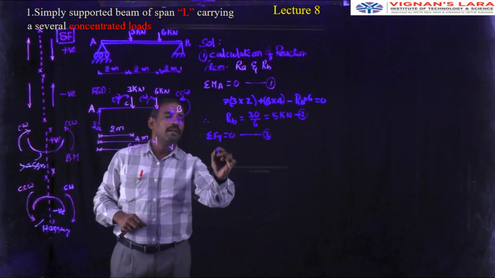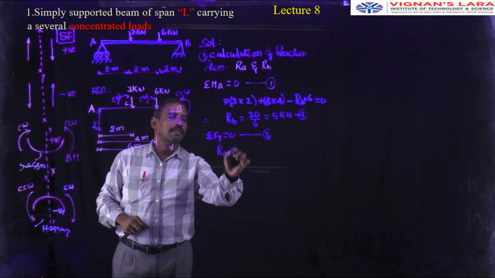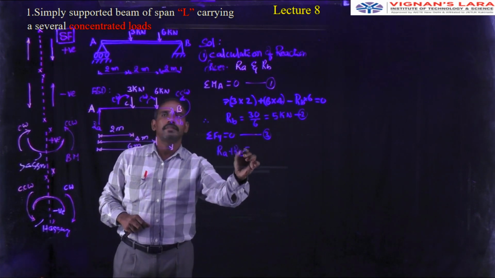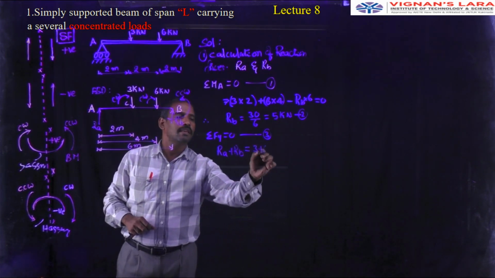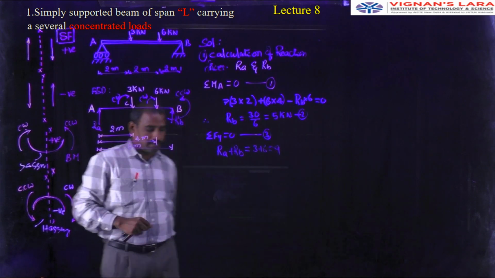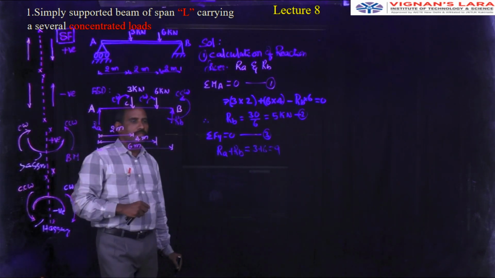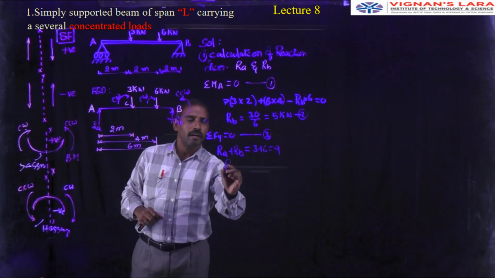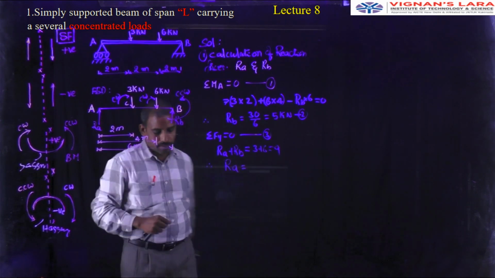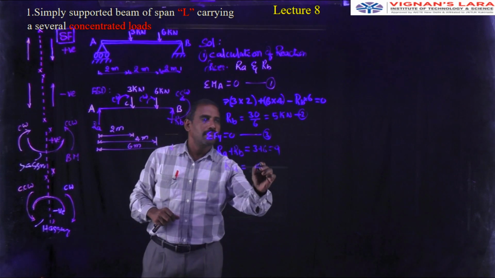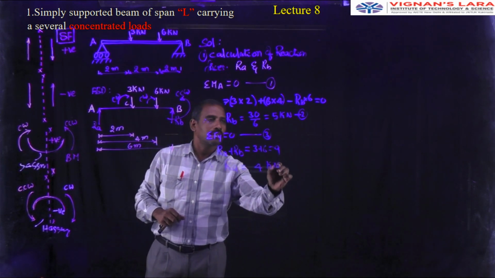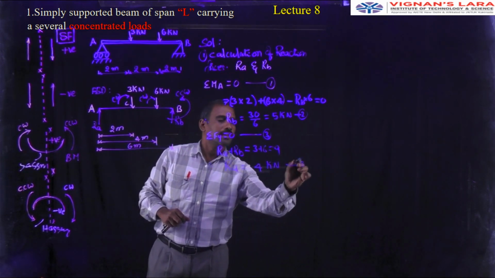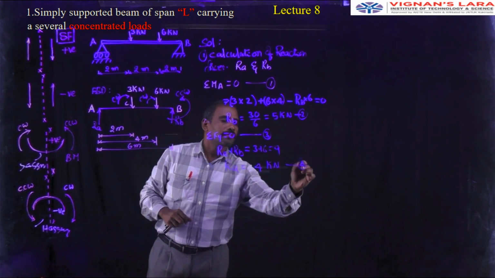Therefore RA plus RB is equal to 3 plus 6, which is equal to 9. From this equation you can find the RA value. Therefore RA is simply 4 kilonewtons. So that is equation number 4.